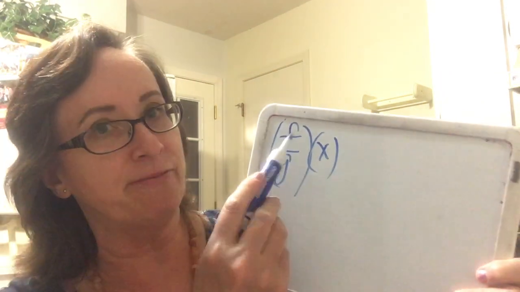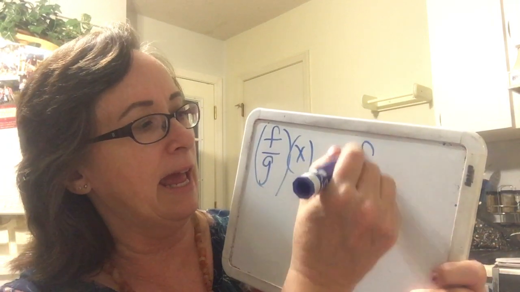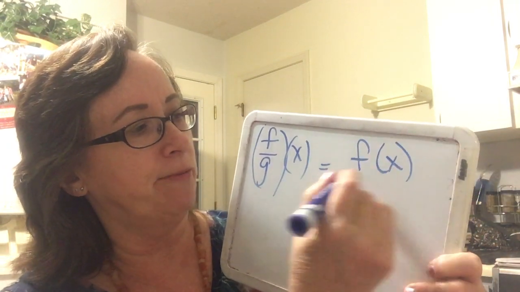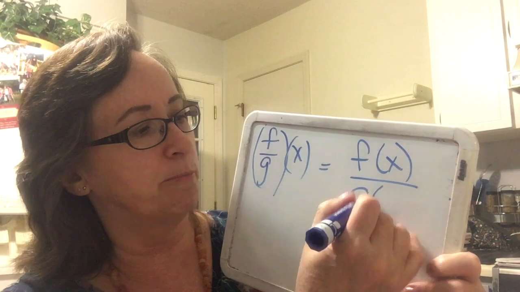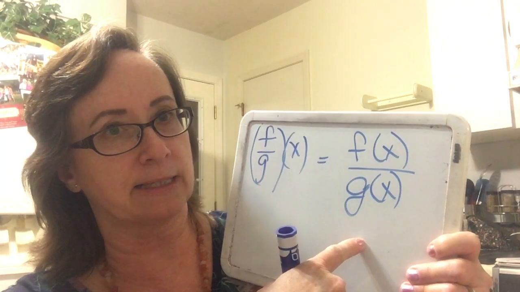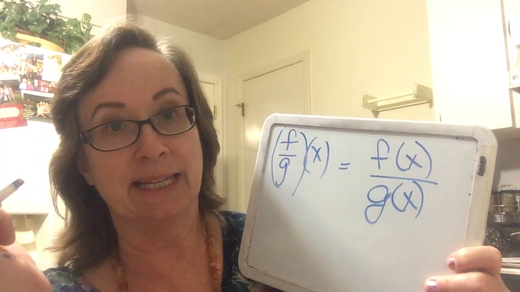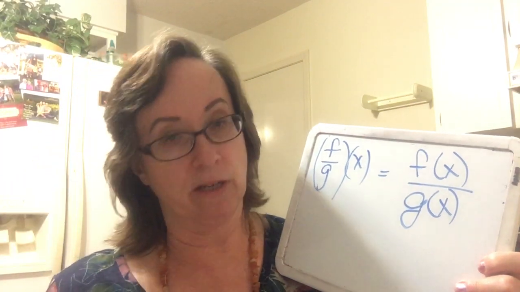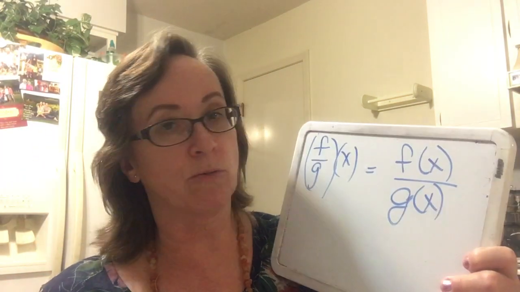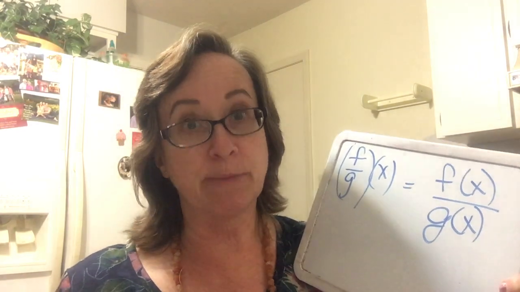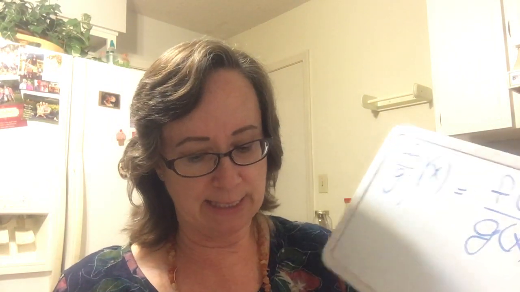It's saying the f function and the g function are both functions of x, and I am dividing them. Okay, so that is the notation for division. And when we go to substituting in, that makes it very helpful. So let's just do one of those.